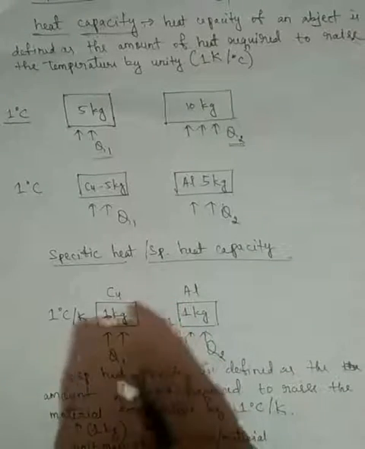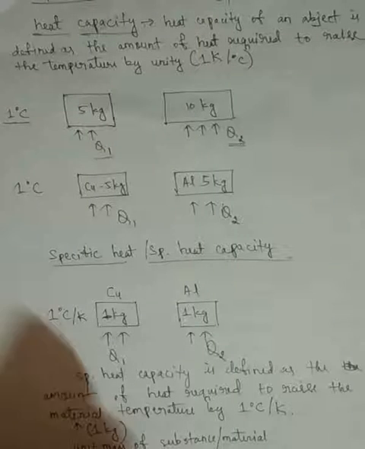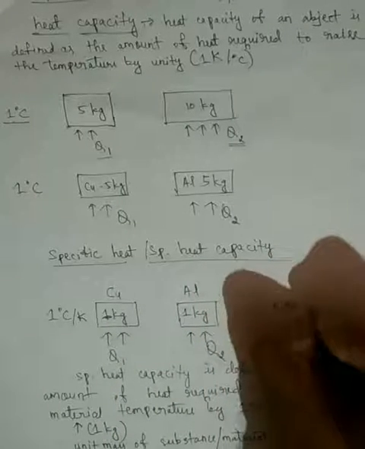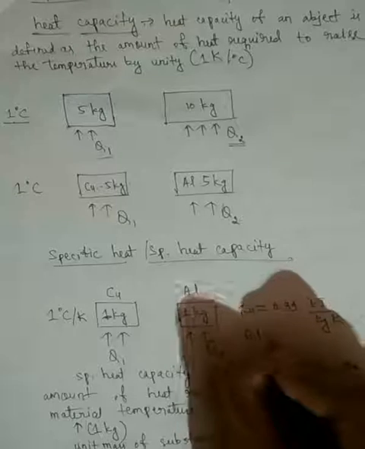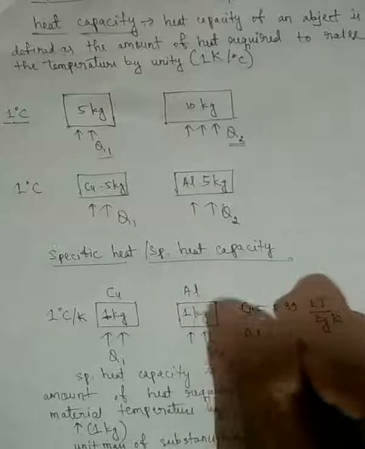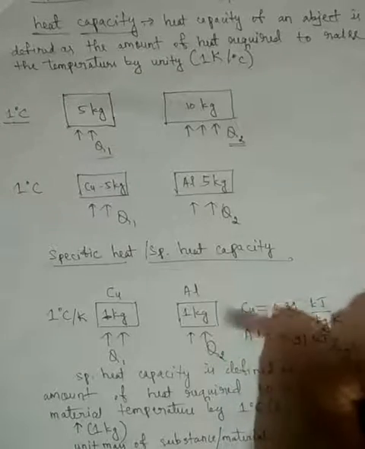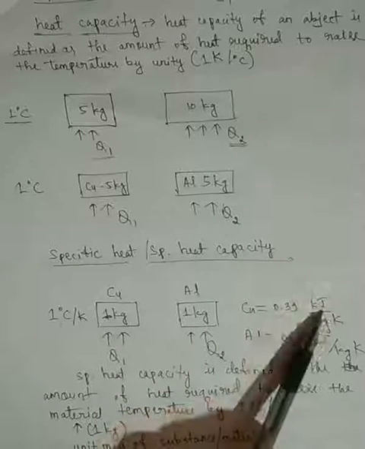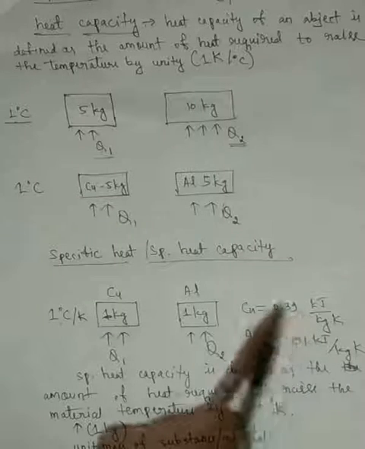For copper the specific heat value is around 0.39 kilojoules per kg Kelvin, but for aluminium it is around 0.91 kilojoules per kg Kelvin. That means copper takes less heat input to raise its temperature.